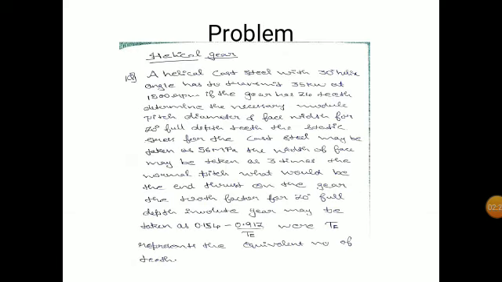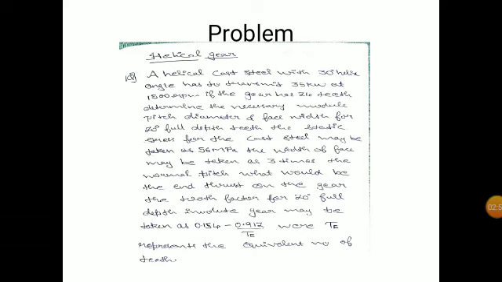And here we are dealing with a problem. In this problem, we are finally finding out the pitch and end thrust of the gear. In the question it is given that a helical cast steel gear with 30-degree helix angle has to transmit 35 kilowatt at 1500 rpm, and the gear has 24 teeth.